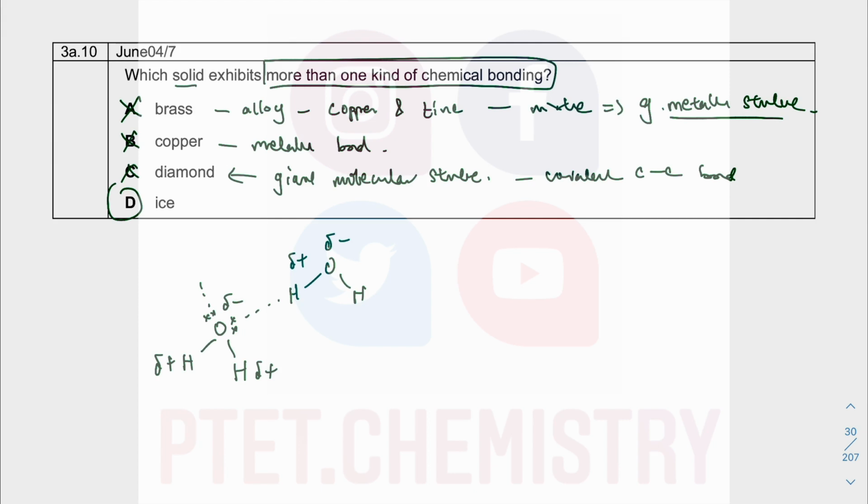So the delta minus can get attracted to the delta plus of another water molecule, not just in the normal way, just like between water, but in a very ordered manner. Because when you think about the packing, okay, how are the water molecules packed as a solid? They are regularly packed in a giant lattice where they are arranged in a regular pattern.